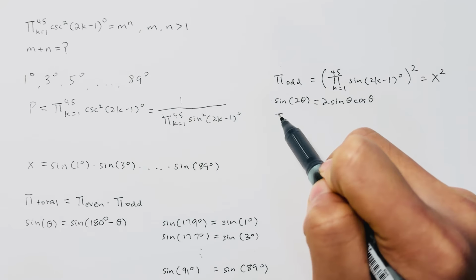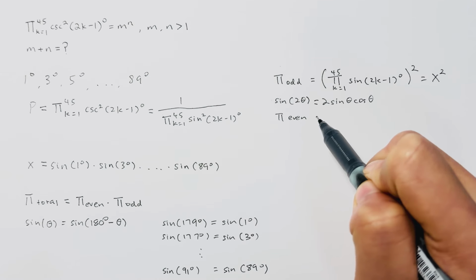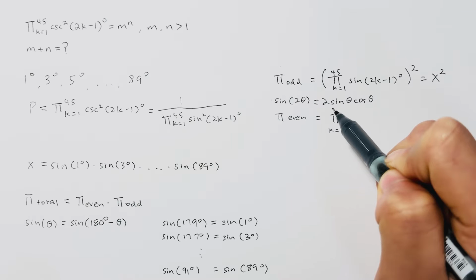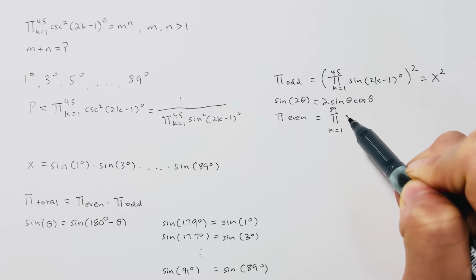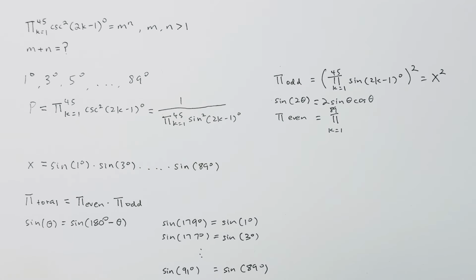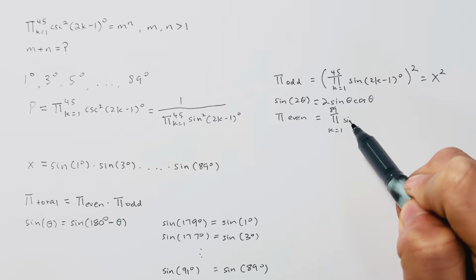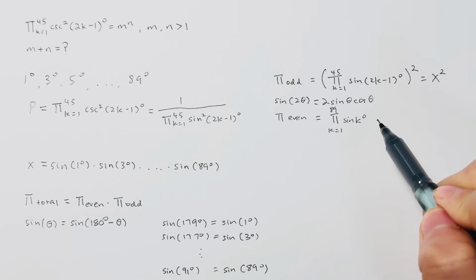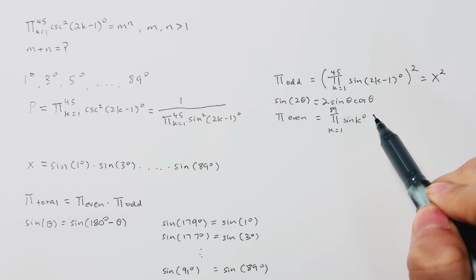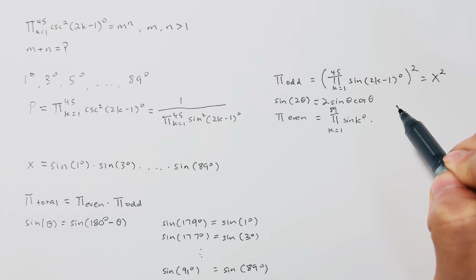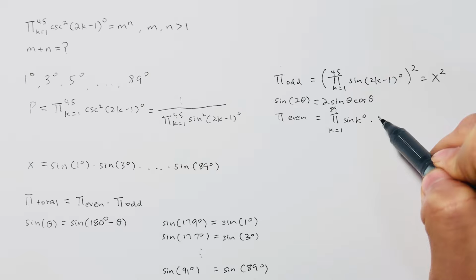So the even product becomes the product from k equals 1 to 89, because 89 times 2 is 178, which is the last even one we have, of sine k degrees, and then times the product of cosine k degrees.